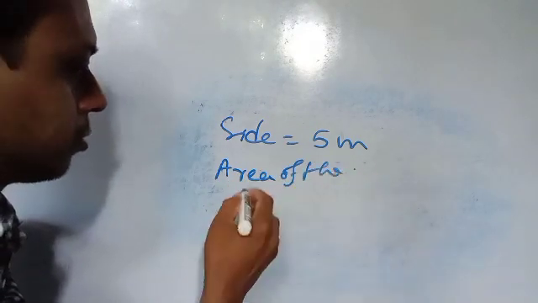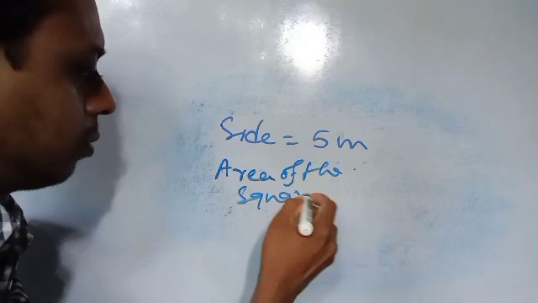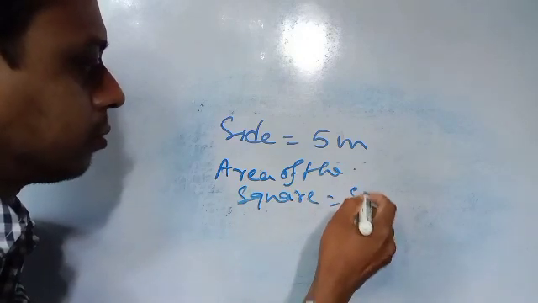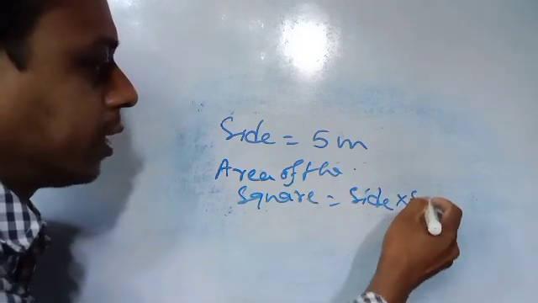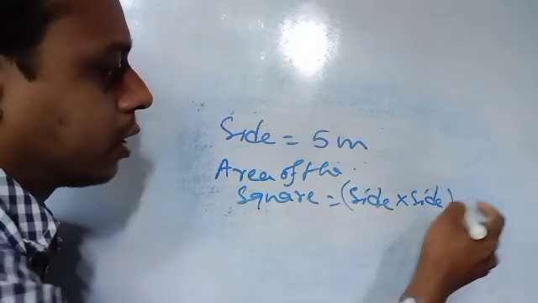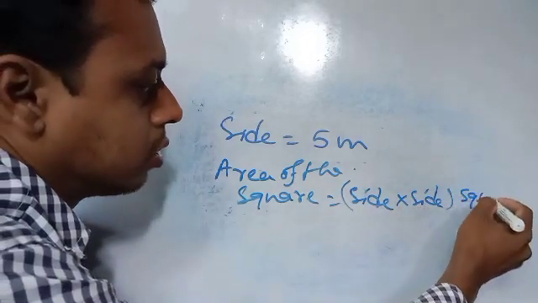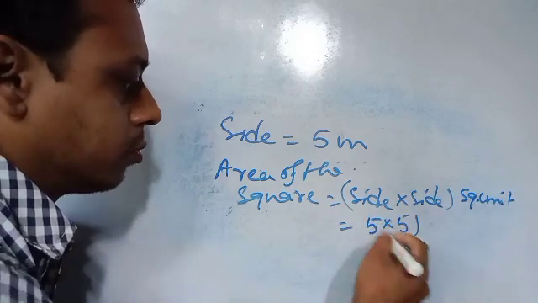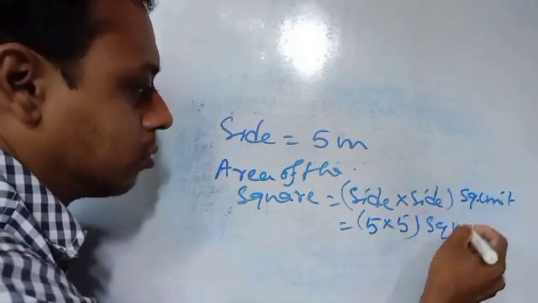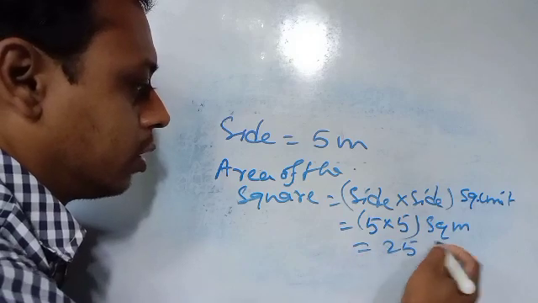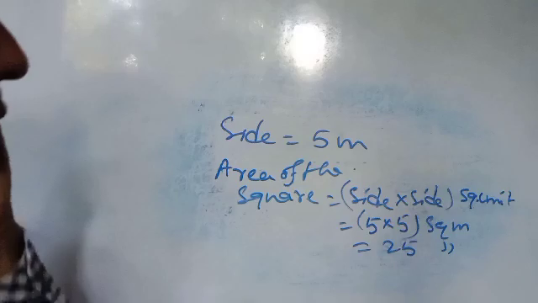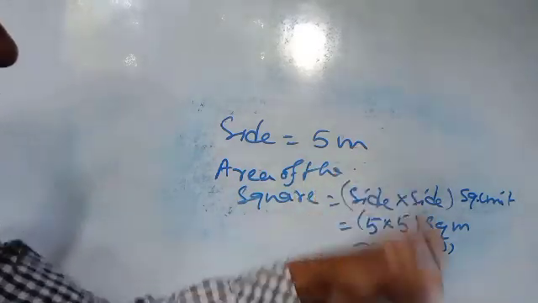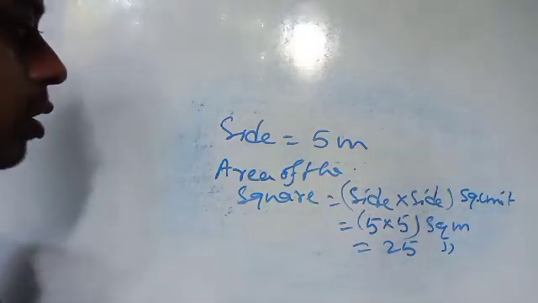Area of the square will be side into side. Always write the formula. Don't do it directly. Side into side square unit. Now 5 into 5 square meter, 25 square meter. No need to convert into centimeter because only one unit is given. That unit you will use.